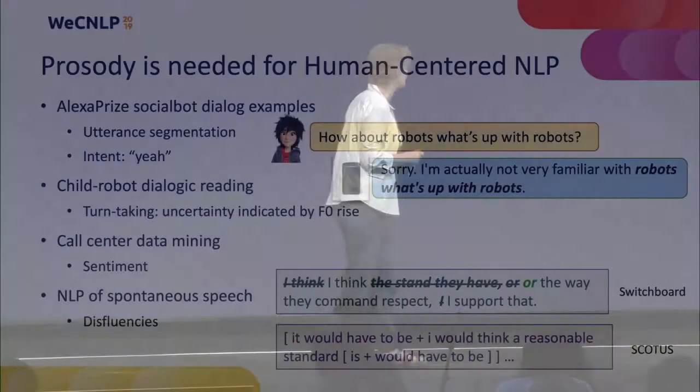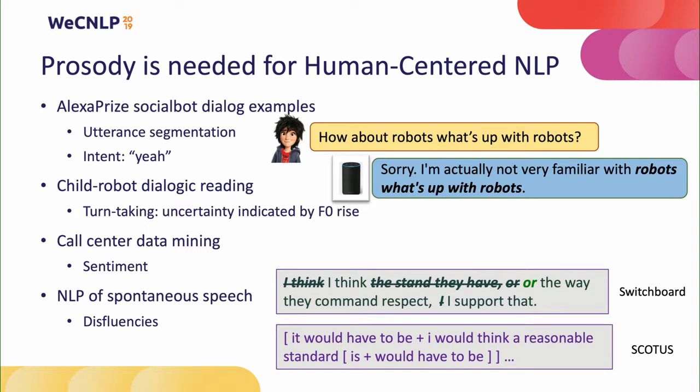Okay. So there's a lot of different types of applications that you might want prosody for. And these are some examples of things that I've been looking at in the last couple of years. For starters, if you're doing a dialogue system, such as from the Alexa Prize, this is a social bot dialogue.